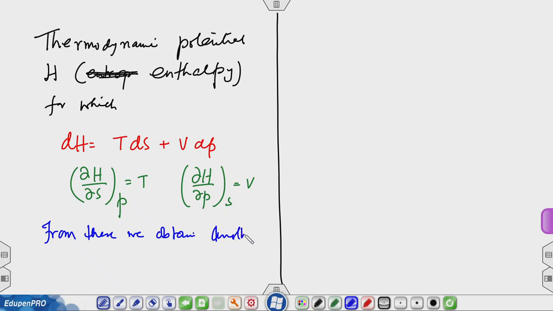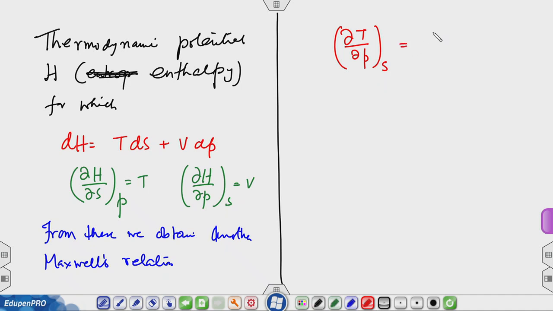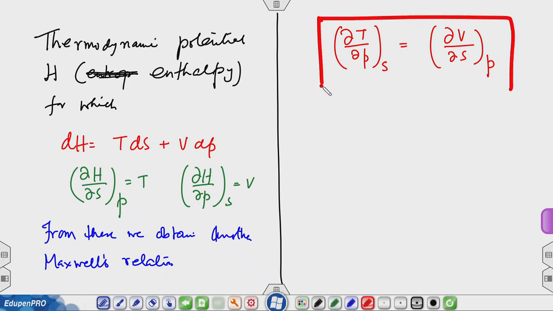Another Maxwell's relation, and that will be by taking the derivative of T with respect to P at constant S, which will be equal to derivative of volume with respect to entropy at constant P. Let me box this one also.